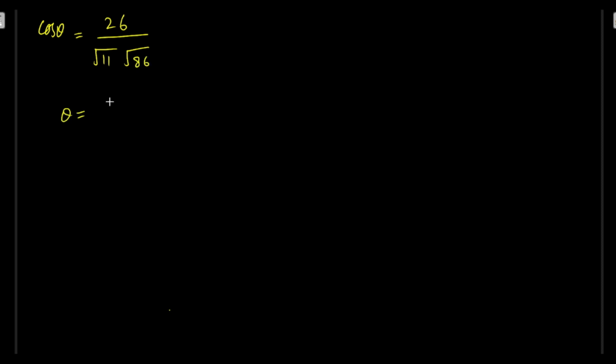So theta is equal to cos inverse of 26 divided by square root 11 into square root 86. Using a calculator, we get theta is equal to 32.3 degrees to 1 decimal place. So this is the angle between the given two vectors, that is the angle OBA.